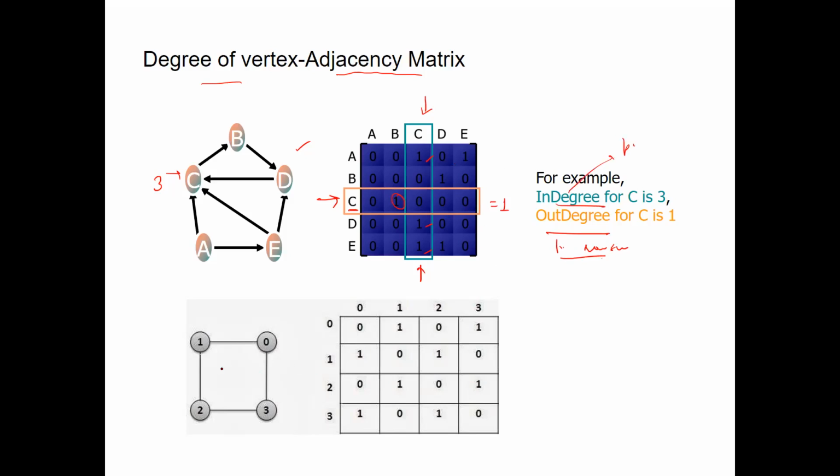Now, in case of undirected graph, the degree is simply the degree, that is either in degree or out degree. For let us suppose vertex index 1, the number of ones in the horizontal row and the number of ones in the vertical column for the same index will remain the same. That means both are 2 because of the concept of undirected graph.